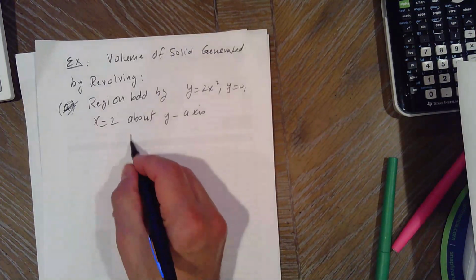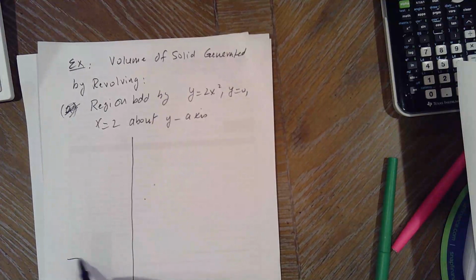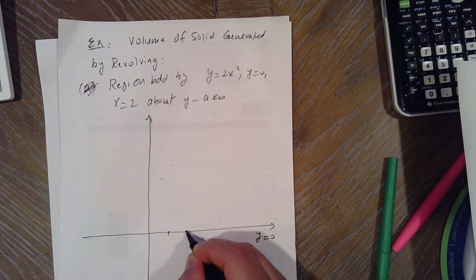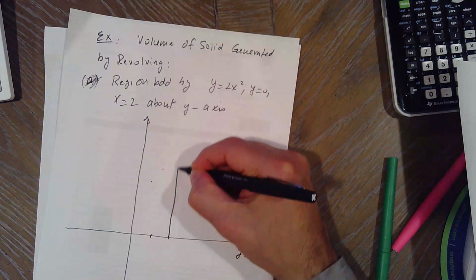So if we graph y equals 2x squared, well, y equals 0 is the x-axis, x equals 2 is the vertical line.